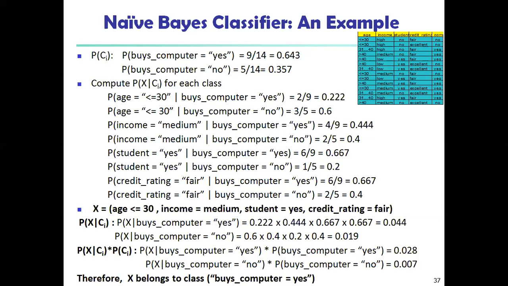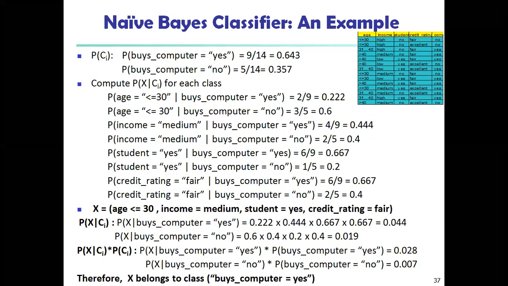Similarly for credit rating, buys computer yes or no, you get the values. So finally, to find X: age less than or equal to 30, income is medium, student is yes, credit rating is fair.